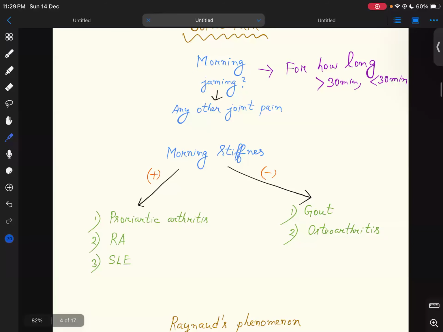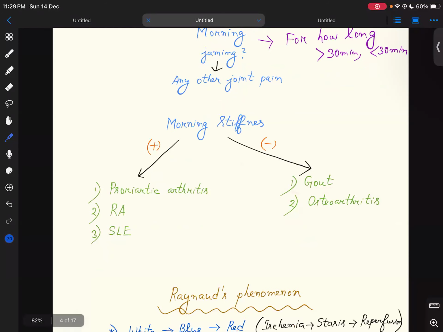And if there is no morning stiffness, for the PACES exam, there will be only two differential diagnoses. It will be gout and osteoarthritis. So how to rule out the differential diagnosis? What will be the screening question? For psoriatic arthritis, we have to ask, do you have any skin rash? For rheumatoid arthritis, we just have to look at the pattern of the joint pain.